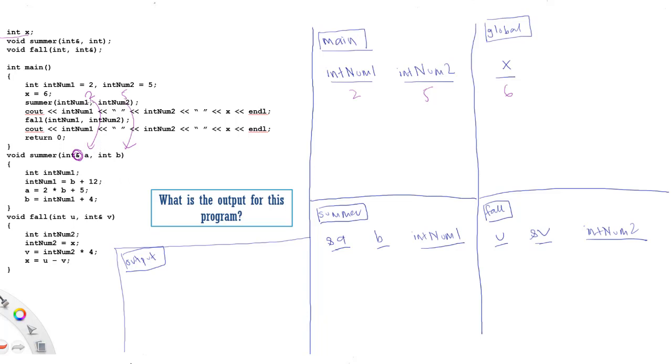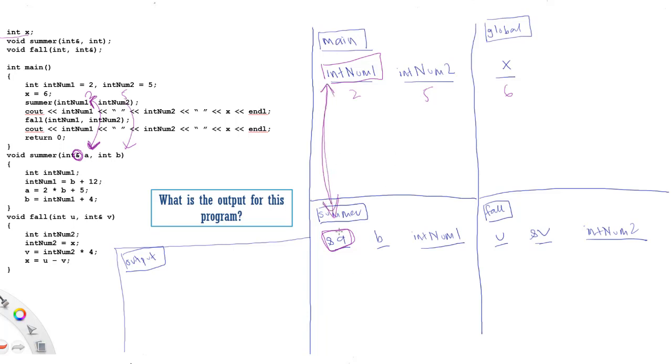So since this is a reference parameter, the a can be automatically updated. Whereas b will not be automatically updated because it just passes the value. So that's the difference between the two. So we know that a is a reference parameter which relates to the int num1. So these two relate to each other.